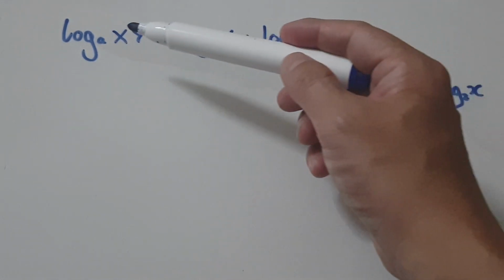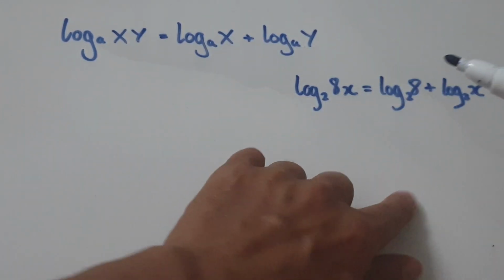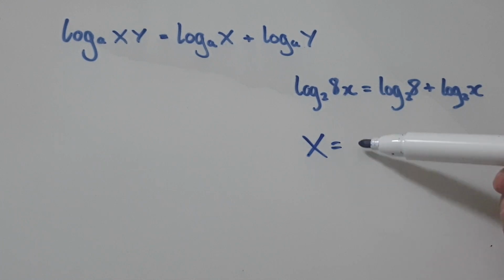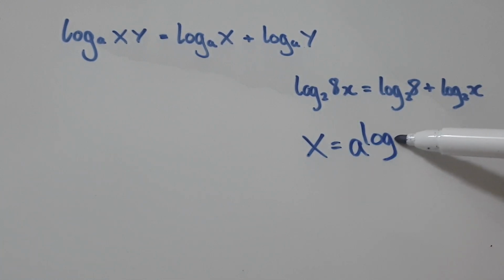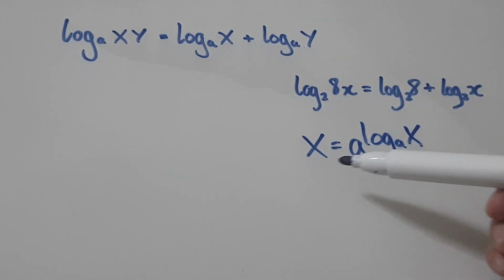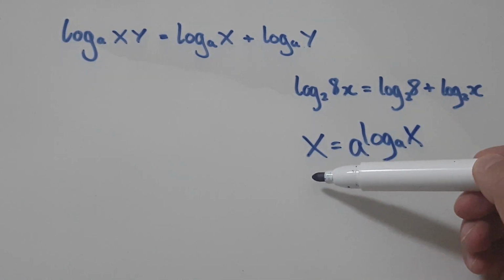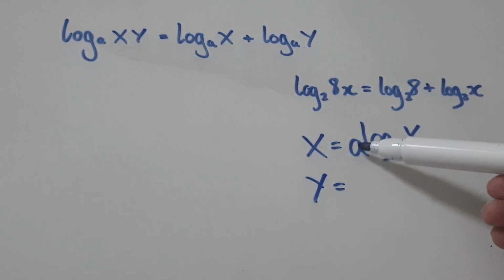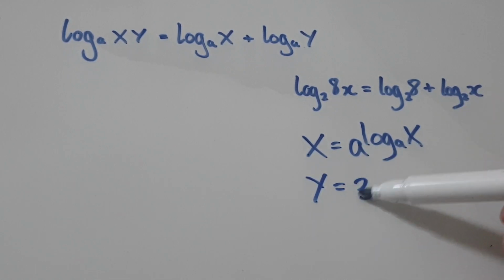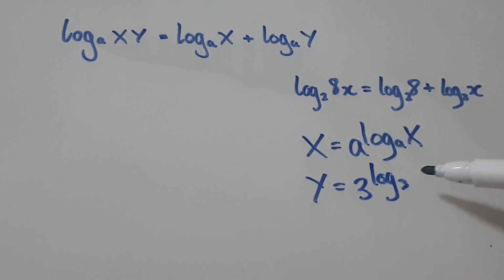So the trick to understanding this is to write x as x being equal to a^(log base a of x). So this can be anything. So for example, y can be written as, I don't have to use a, I can use anything, 3^(log base 3 of y).